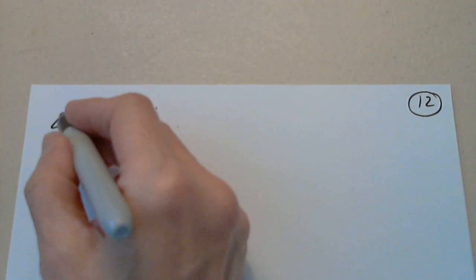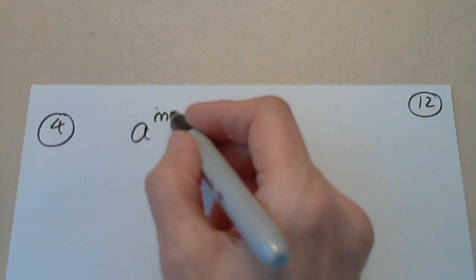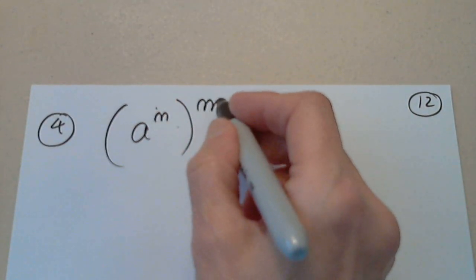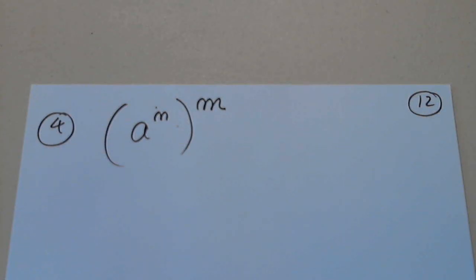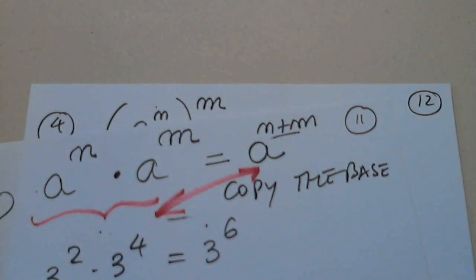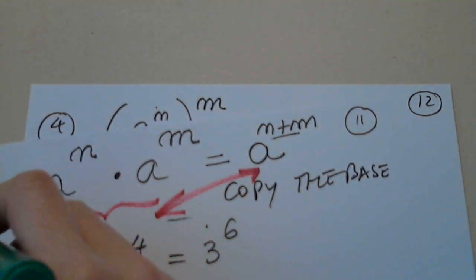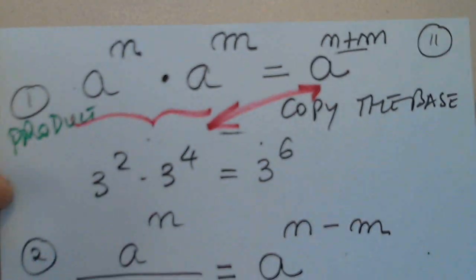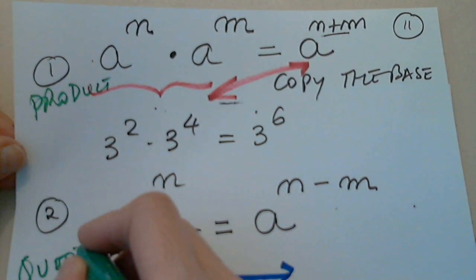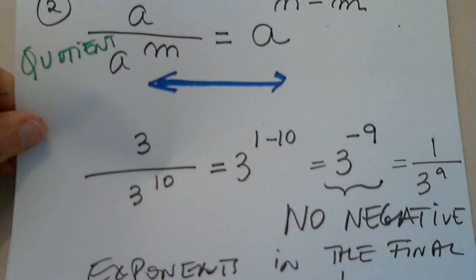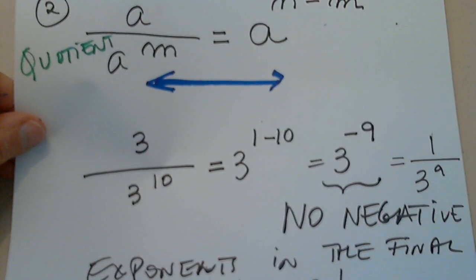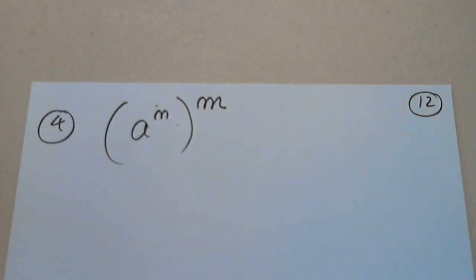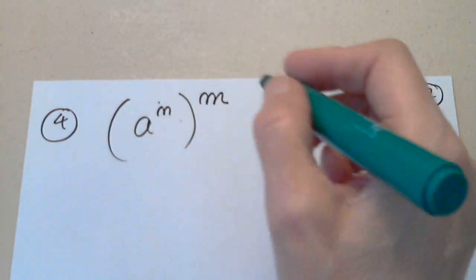And we have one more to discuss right now, which is number 4: a to the nth power, everything to the mth power. So let me write them here for you. This rule is product. This rule is quotient. This rule is negative power. And this one is power rule.